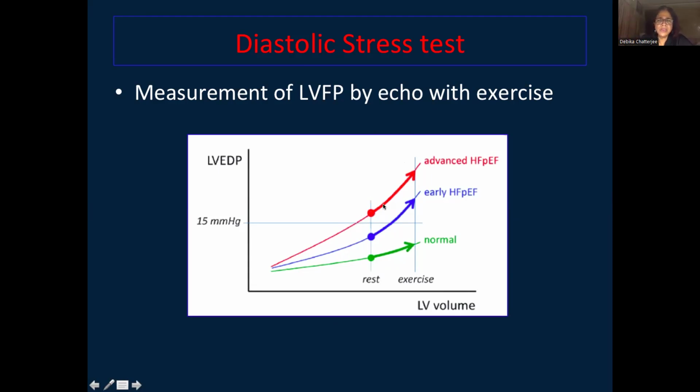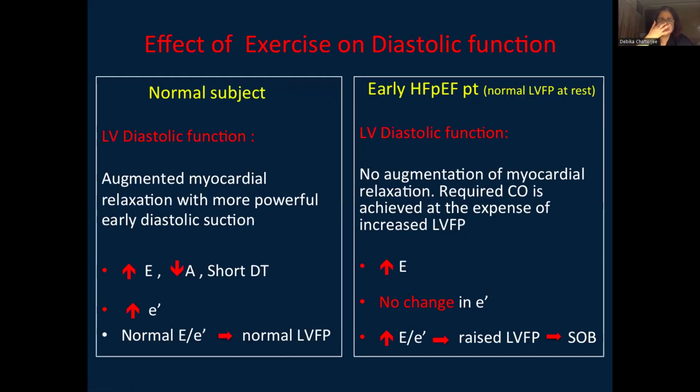So no problem in diagnosing these cases, because at rest also LV filling pressure is high. But those who are in early HFpEF, their LV filling pressure at rest is normal. But as they do exercise, the LV filling pressure rises and the patient goes into heart failure and shortness of breath.